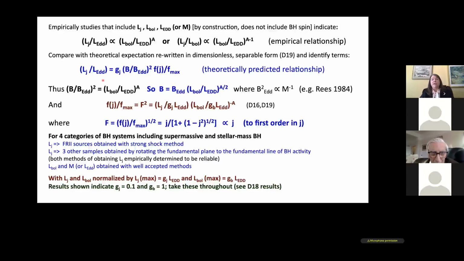Now, originally in the 2016 paper and in the 2019 paper, you can also derive this in other ways. But this is the simplest, easiest way to see it.